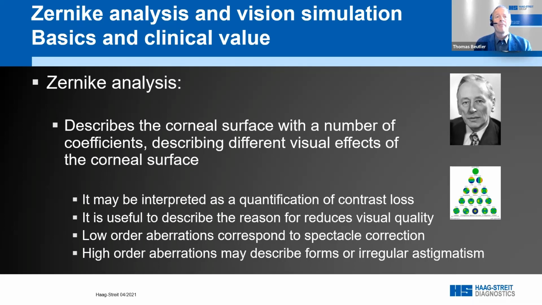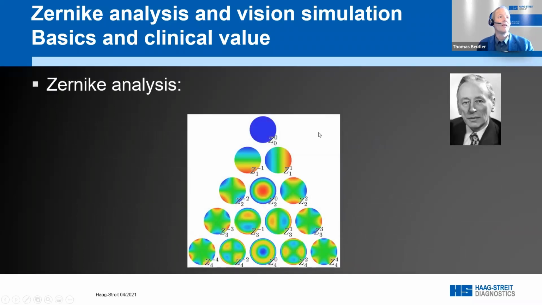So basically, he shows what kind of visual imperfection leads to loss in contrast in the visual system of the cornea. And this is then described in the Zernike pyramid, which you can see on the right-hand side, small, which we're going to look a little bit more in detail here.